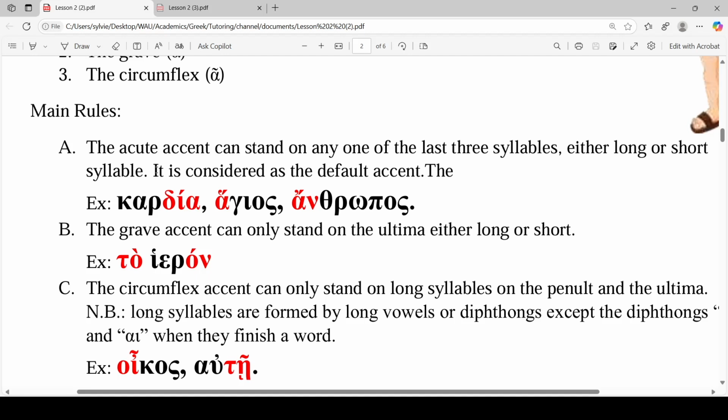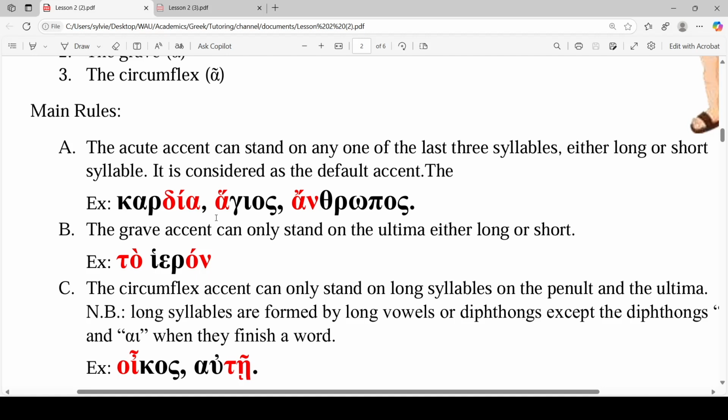Well, in the word kardia, the accent falls on which syllable? The penult, the antepenult, or the ultima? The ultima, right? Because that's the last syllable of the word kardia. Kardia has two syllables. Kar, dia.